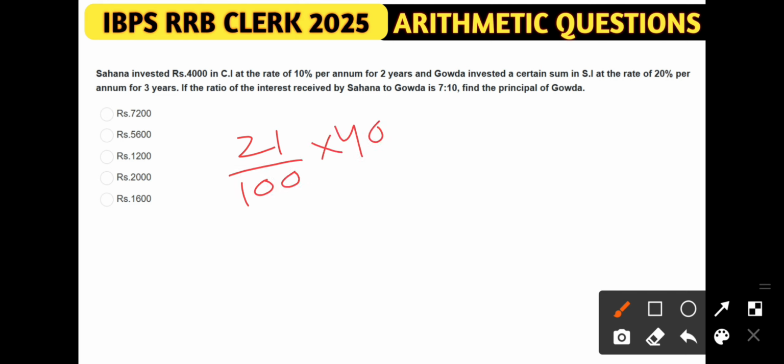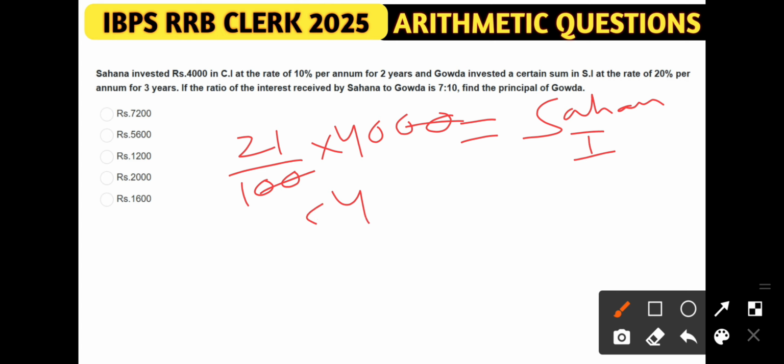This is the interest that Sahana got. Okay, double zeros cancel, 840 is the compound interest Sahana got.